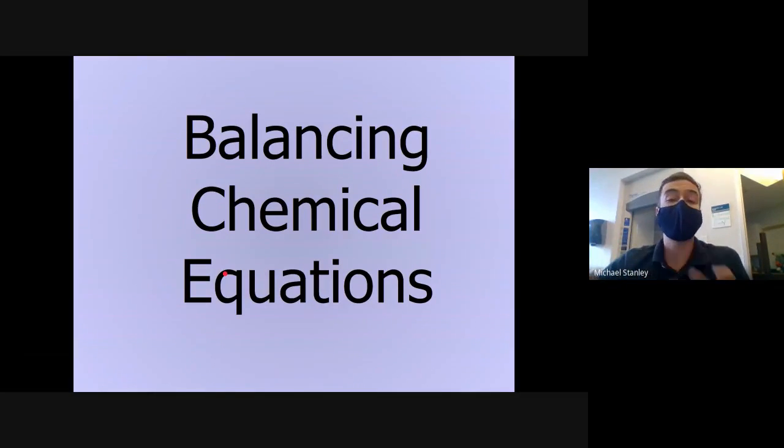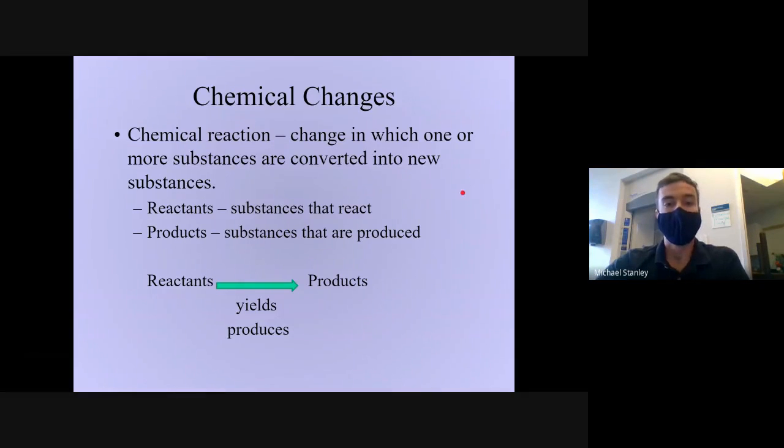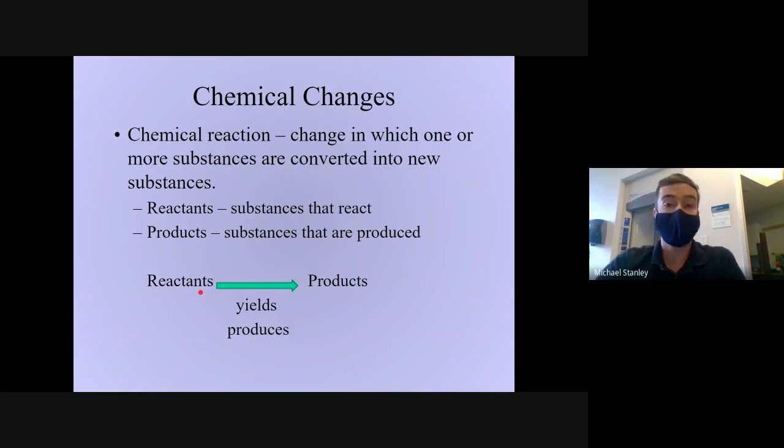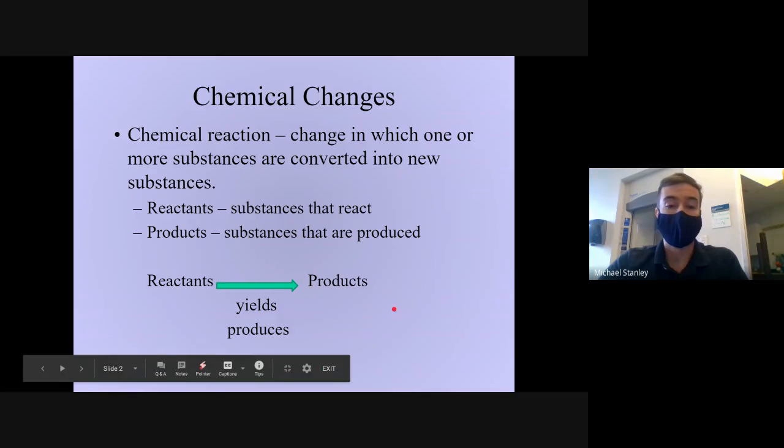It's all about making sure that we have equal, balanced amounts of atoms on either side of our chemical equation. So you may remember from Tuesday, I talked about chemical reactions and how we start off with the reactants. Our reactants are our starting material that react together, and then those make our products.